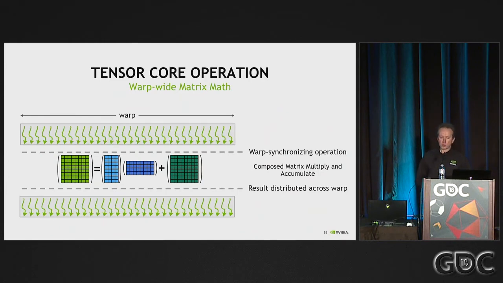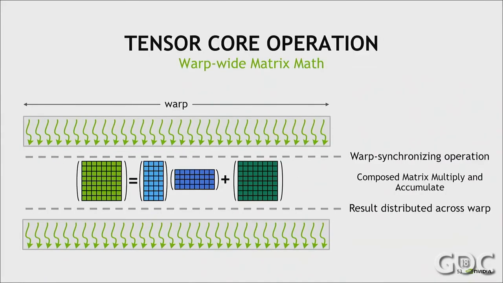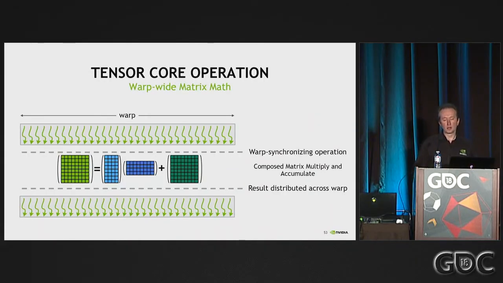Tensor cores employ all threads in the warp to provide data for the input matrices, right? So the way it works is that you have 32 threads running. At one point, they synchronize and provide matrix data into the downstream math data paths. Then the operation is carried out, and the result is written back to the register file.